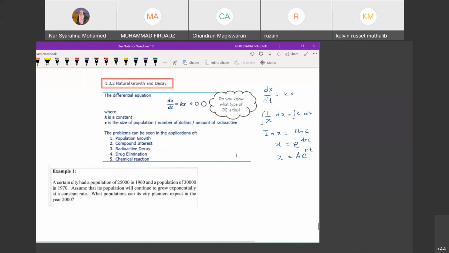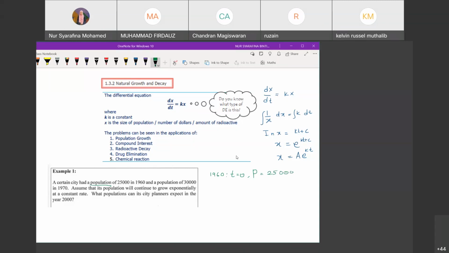Now looking at this example. A certain city had a population, so this is a population growth problem, of 25,000 in 1960. So in 1960, initially, when we say initially, of course, we assume time equals 0, the initial value, the P there equals 25,000.